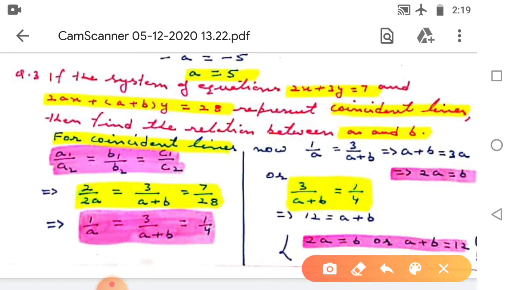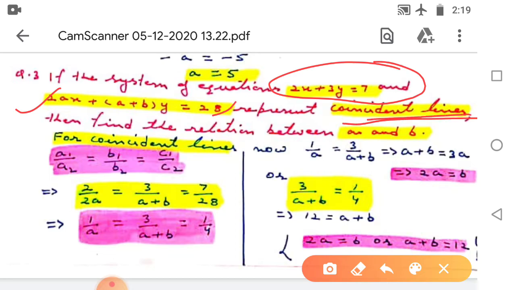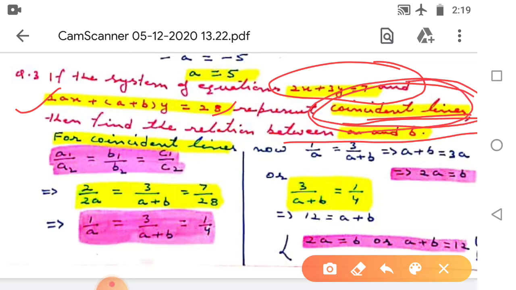Once again, just go through. If the system of equations 2x plus 3y is equal to 7 and 2ax plus (a plus b) into y is equal to 28 represent coincident lines, then find the relation between a and b. Okay, so here coincident lines means infinitely many solutions. For infinitely many solutions, we know the condition is a1 upon a2 is equal to b1 upon b2 is equal to c1 upon c2.